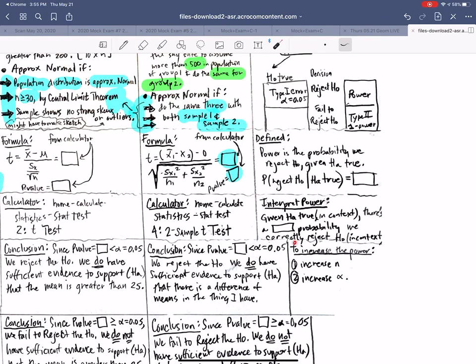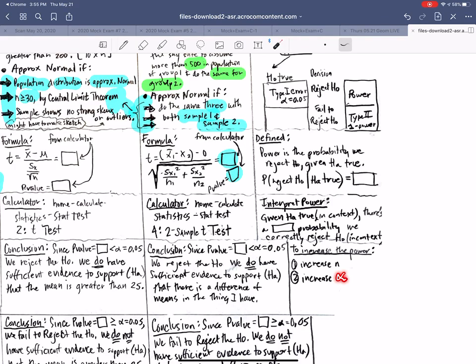Last but not least, and this did come up in the last couple days, what if they ask you, how do I increase the power of the test? You have two choices. You can increase N, and that decreases the standard deviation of the sampling distribution, which actually increases your likelihood of detecting it.